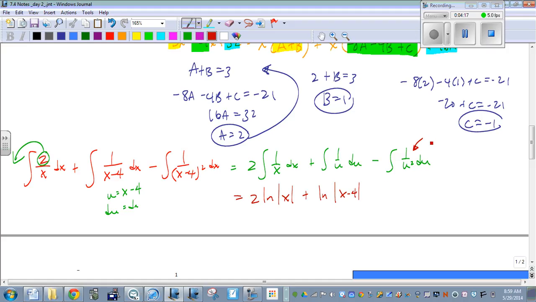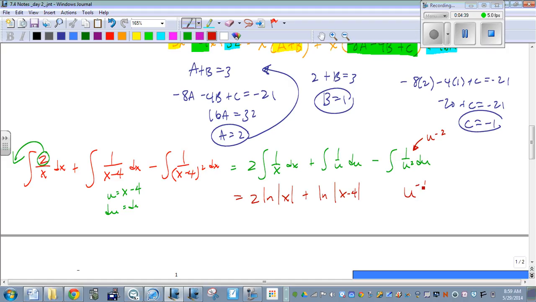1 over u squared, that's the same as u to the negative second. So we can add 1 to the exponent, divided by the new exponent, or multiply by the reciprocal. Can't do that with these because that comes out to be undefined. But for this one, u to the negative second, we add 1, we get u to the negative first.